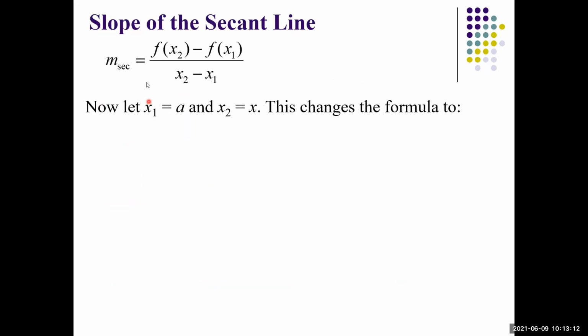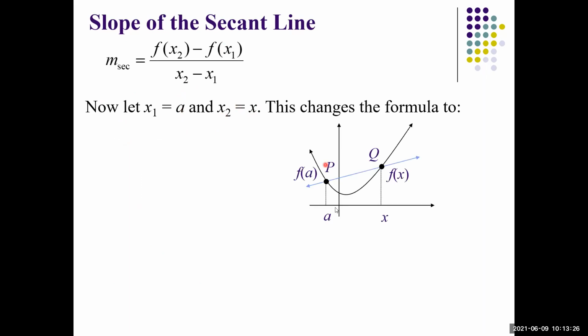So we're going to let x1 be A, an arbitrary constant, and x2 be x, which is varying. If you put it in, here is A, now it's f of A. This is x, this is f of x. Now you have a similar formula: f of x minus f of A over x minus A.